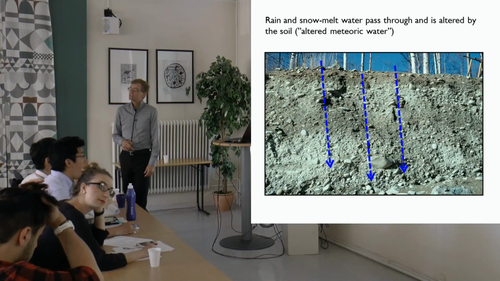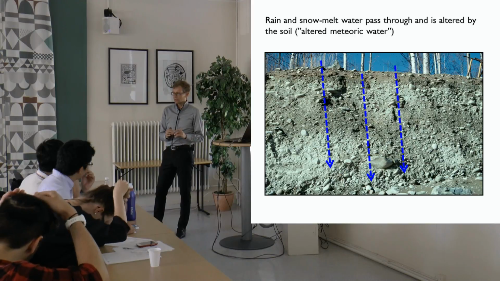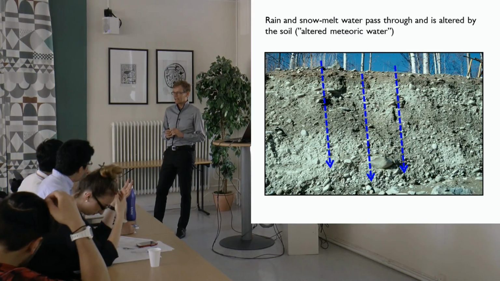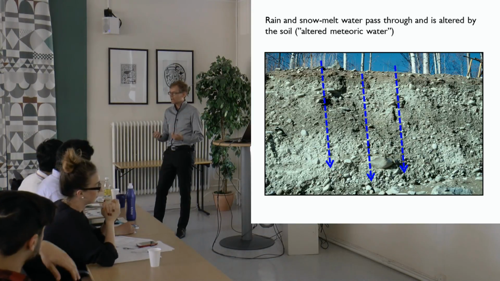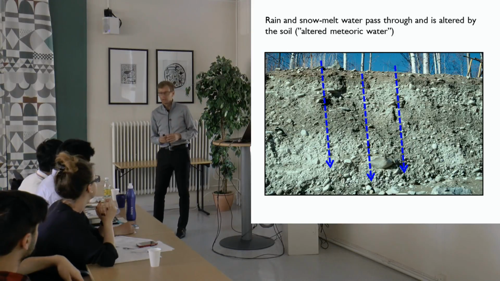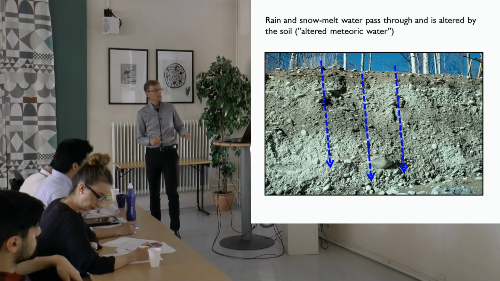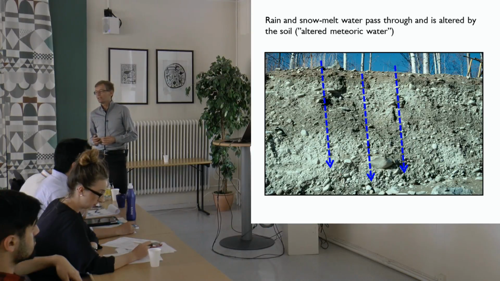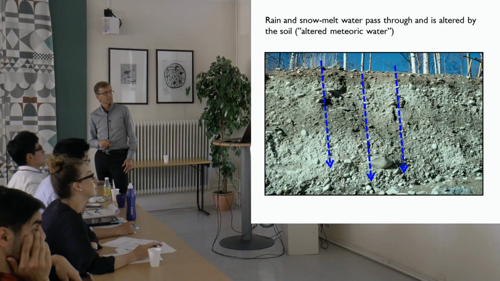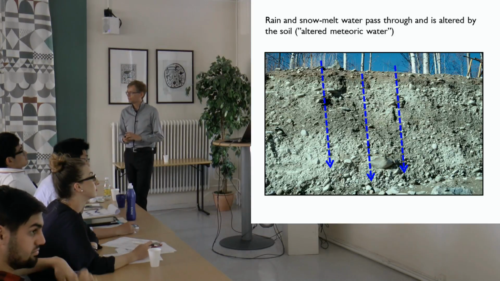When it percolates through the soil, there will be reactions between the meteoric water and the soil minerals, and this means that the rainwater picks up some constituents, some cations and anions, from the soil before it goes into the bedrock fractures. So when we work with deep groundwater in fractures and want to know the origin, we can sometimes call this the altered meteoric water, because it was altered when it passed through the soil.